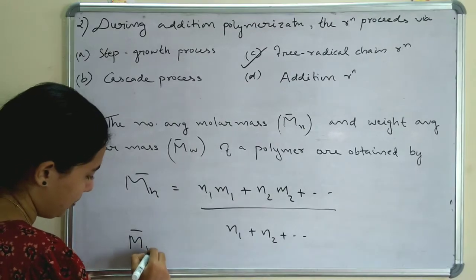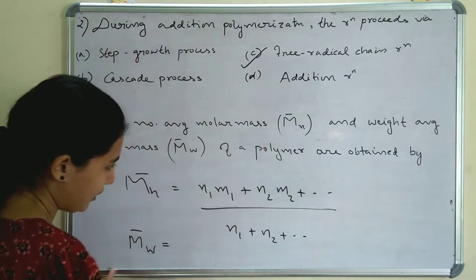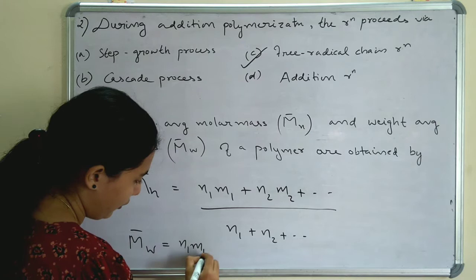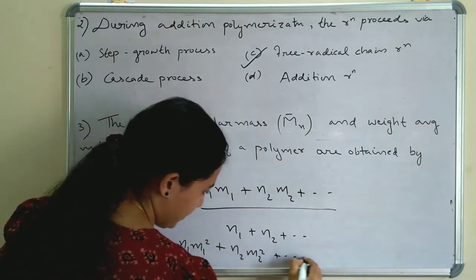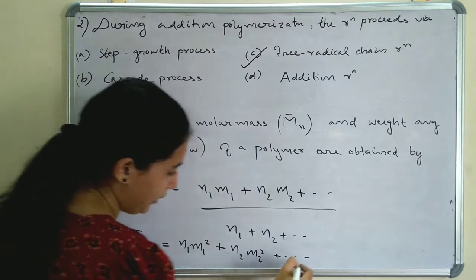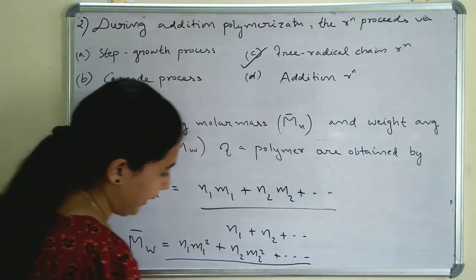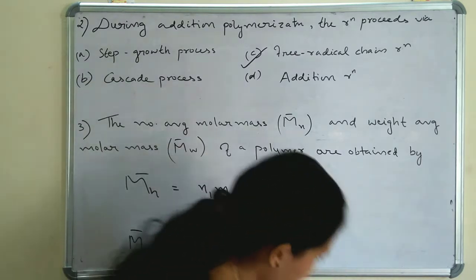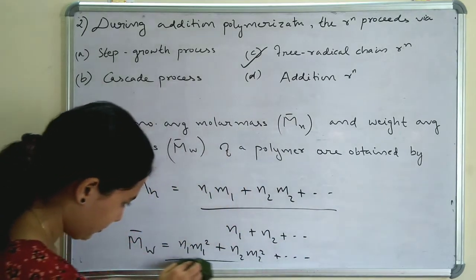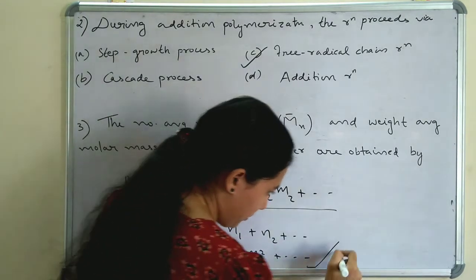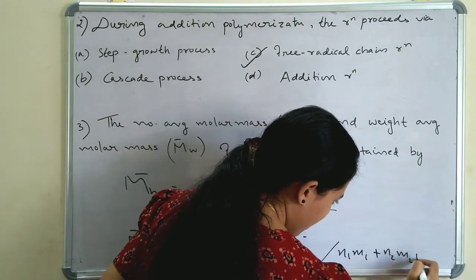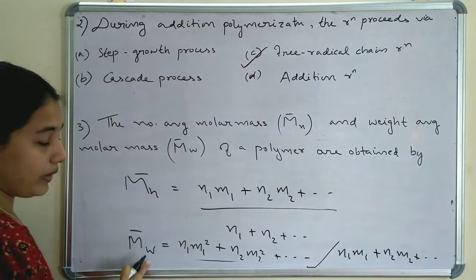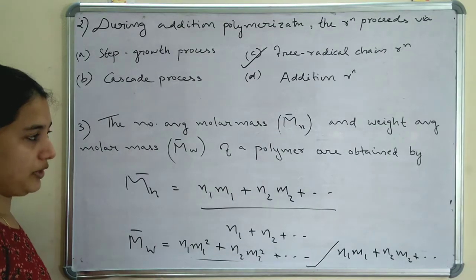M bar w, weight average, is n1 m1 square plus n2 m2 square plus etc. divided by n1 m1 plus n2 m2 plus etc. So this is weight average molar mass determination.